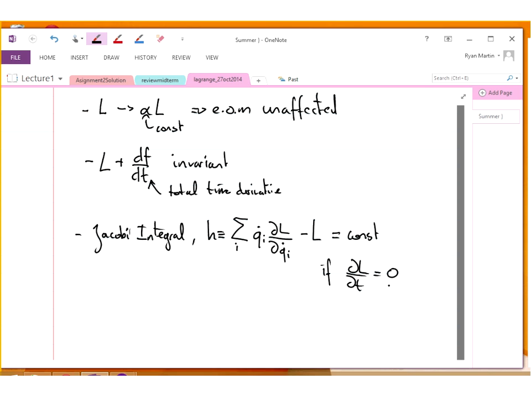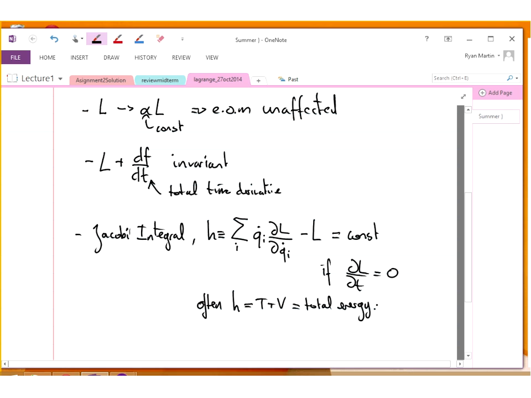This equation is one that we used back in variational calculus. We also saw last time that often H is T plus V, which is equal to the total energy.